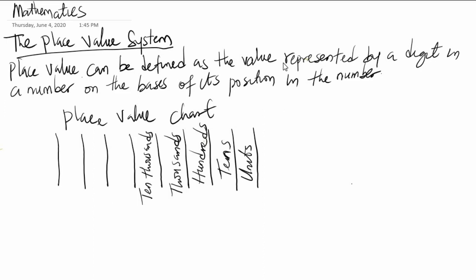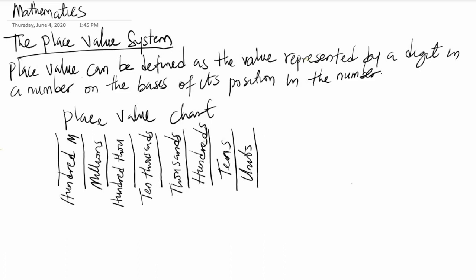This is 100,000. This is millions. And this is 100 million. So this is the place value chart.